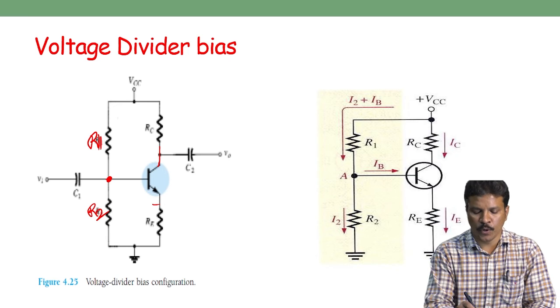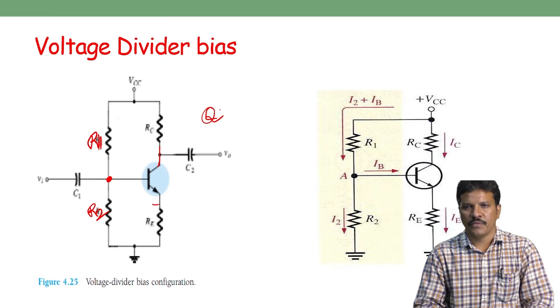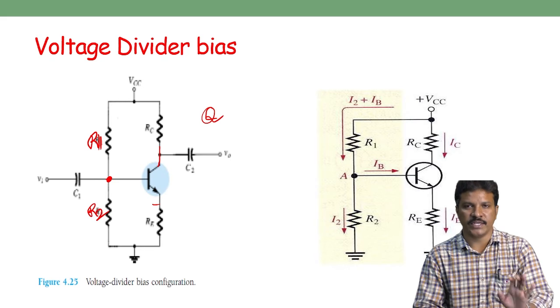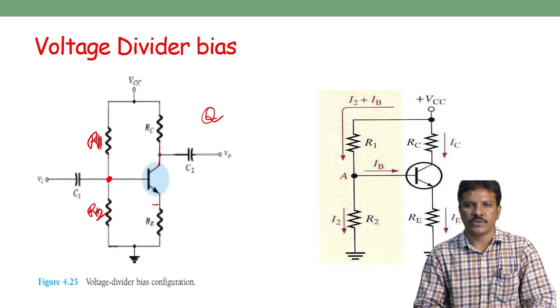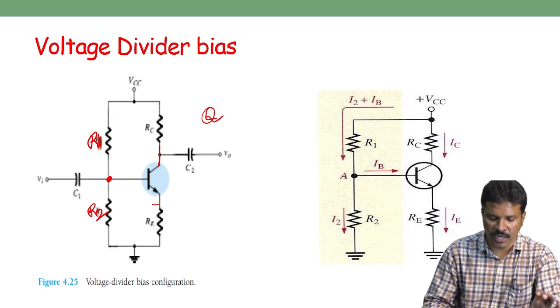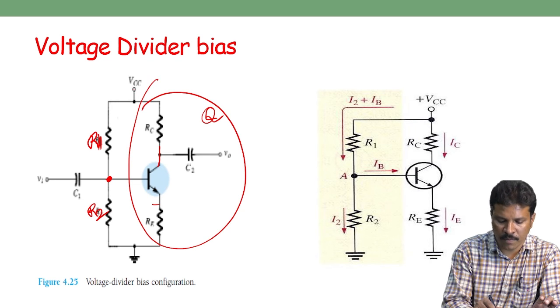So here, in order to get the Q point for this voltage divider bias, we can't apply Kirchhoff's voltage law directly on the input for this voltage division circuit. So instead we go with the Thevenin equivalent diagram, Thevenin's theorem. By Thevenin's theorem, a network can be minimized into a single voltage source in series with a resistor. So here one part is the transistor part, another part is the voltage division part.